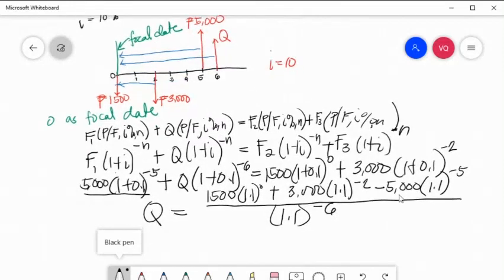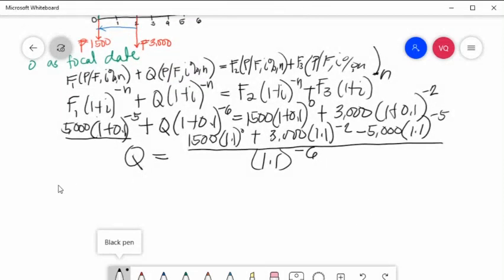So the value of your Q now will be equal to 1,549.6415 pesos.